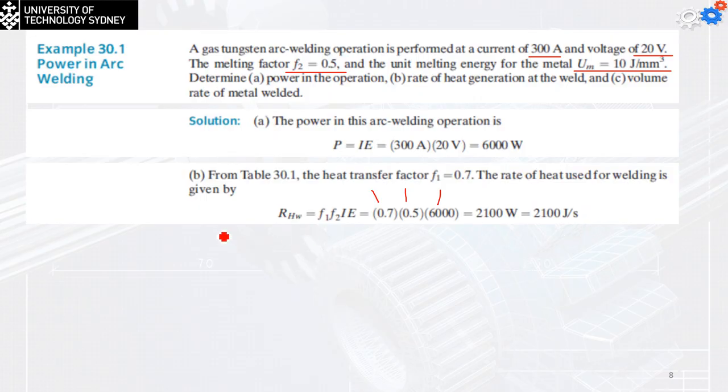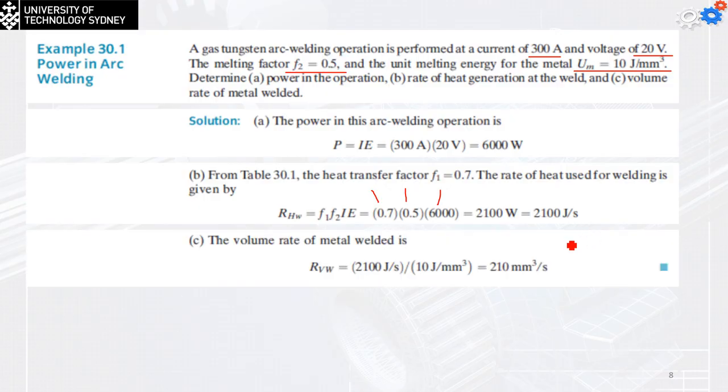Now we need to know about the volume flow rate. So the RVW is going to be 2,100, which is the RHW, divided by the UM. And this will give me the amount of the melting material, which is equal to the area by the velocity, is equal to 210 cubic millimeter per second.